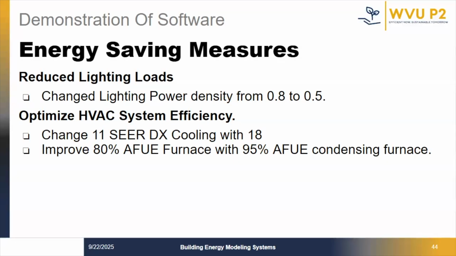Second, we are proposing major HVAC upgrades, replacing the 11 SEER DX unit with an 18 SEER model, which is 64% more efficient, and swapping the 80% AFUE furnace for a 95% AFUE condensing unit. Together, these measures target the building's largest energy consumers, lighting and space conditioning, which our earlier data showed account for nearly 60% of total energy use.